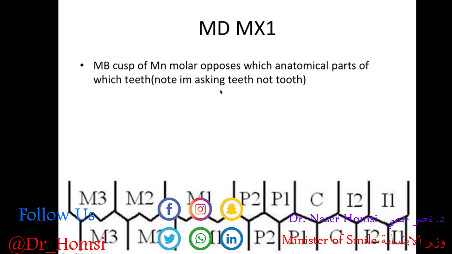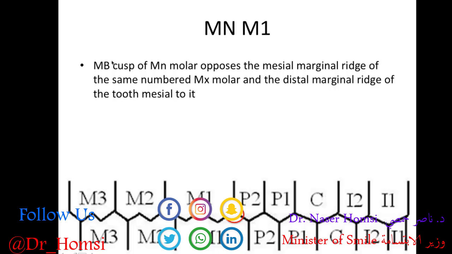So note I'm asking about teeth, not just a tooth. So the mesiobuccal cusp of the mandibular molar opposes the marginal ridge of the same numbered maxillary molar, so the first molar, and the distal marginal ridge of the tooth mesial to it.